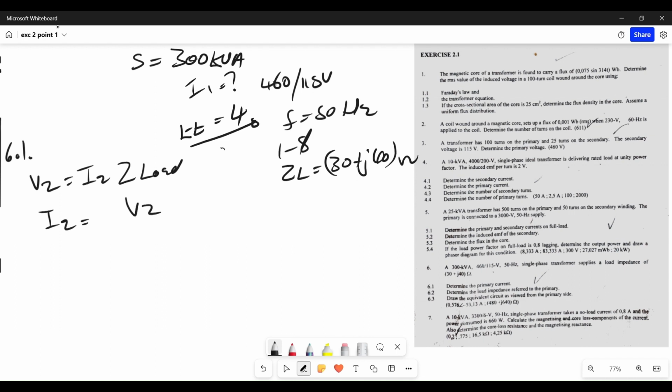So I2 is equal to V2 over Z load, which is 115 at an angle of 0 degrees over 30 plus j40. Okay. All right. I'm still calculating.